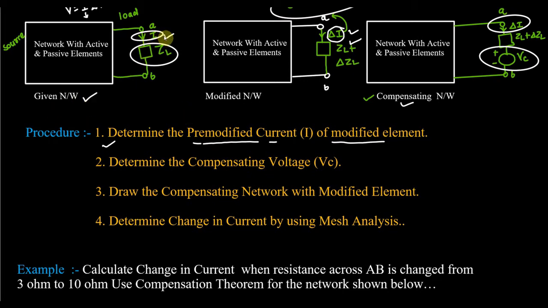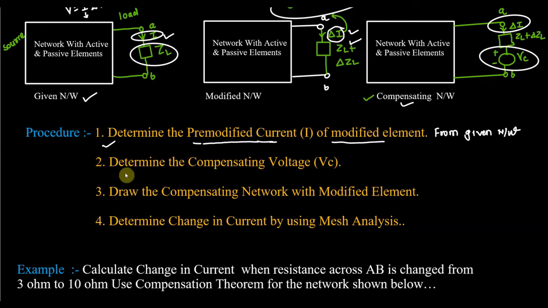I will say this current is the pre-modified current because that current is not changed. What is the modified current? Delta I. Fine. So whatever network you are given, you have to find the current through that element only which element is changed. Here the element changed is ZL.